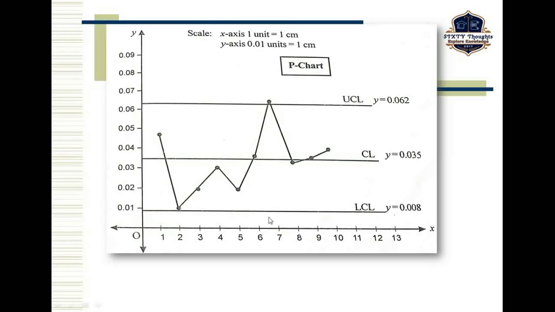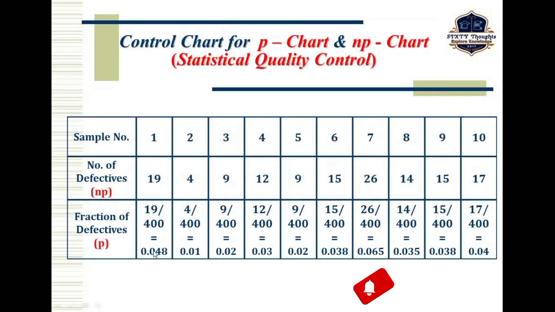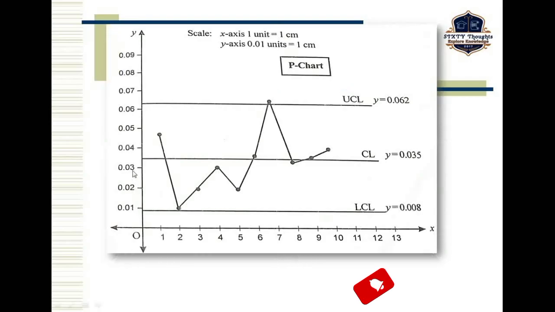So now we have to mark all the fraction defective values, whether they lie inside or outside. Okay, sample 1, what is the fraction defective value? 0.048, right? So that lies between 0.04 and 0.05. This is the sample 1 value.